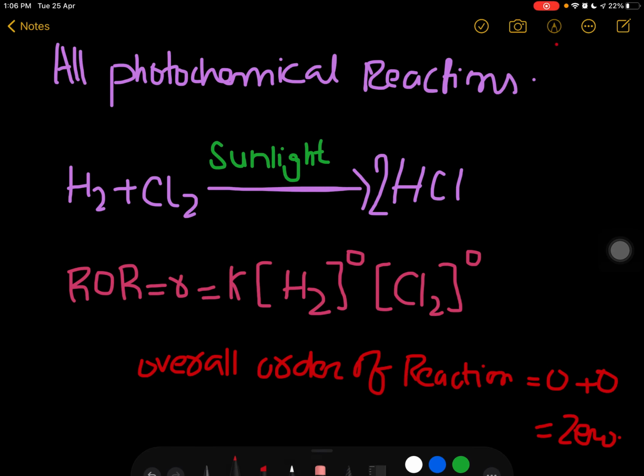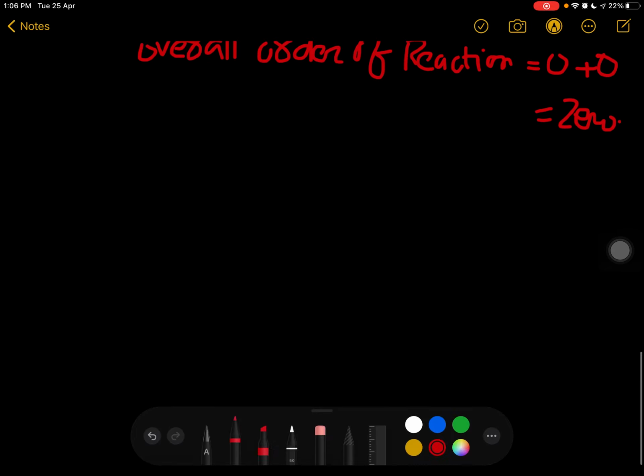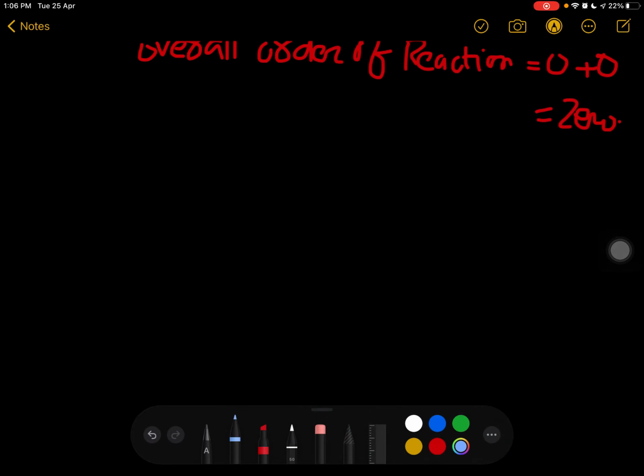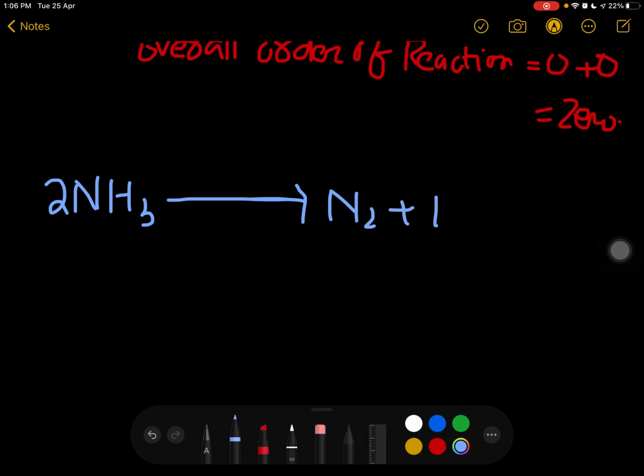Or you can see that reactions in which catalysts are being used are basically zero order reactions. For example, we have the decomposition of ammonia. Take ammonia, which gives N2 plus H2, and here the catalyst is basically W, which is tungsten.